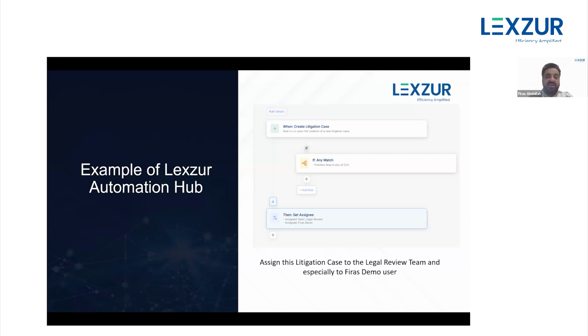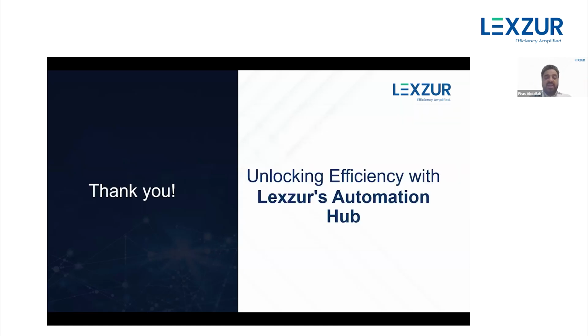If this litigation case belongs to the civil practice area, the system will continue the automation rule to assign this newly created litigation case to a team named legal review and to a specific user named Firas Demo.